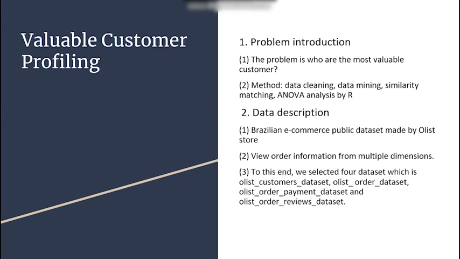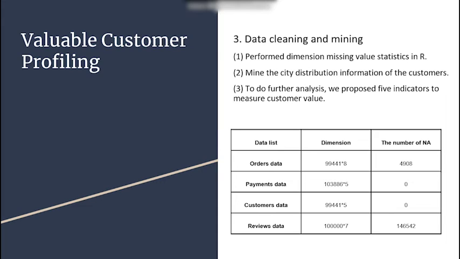It allows you to view order information from multiple dimensions. To this end, we selected four datasets, which are Olist Customer Dataset, Olist Order Dataset, Olist Order Payment Dataset, and Olist Order Reviews Dataset.